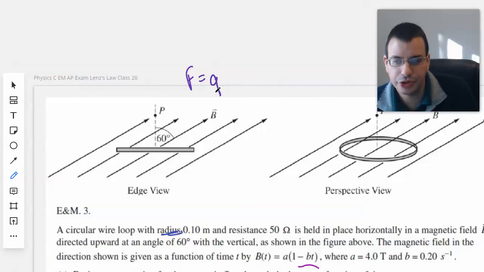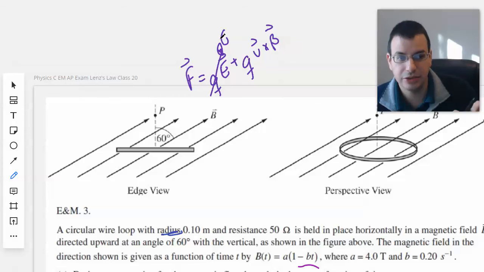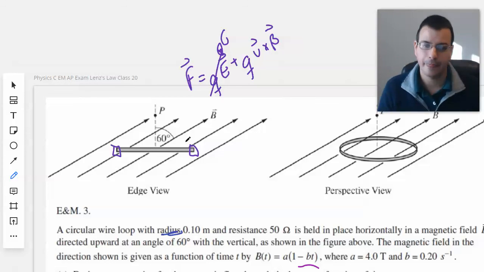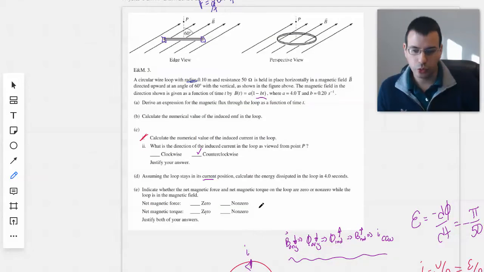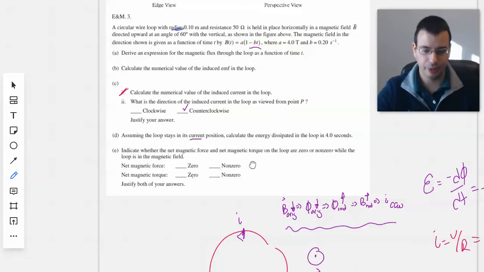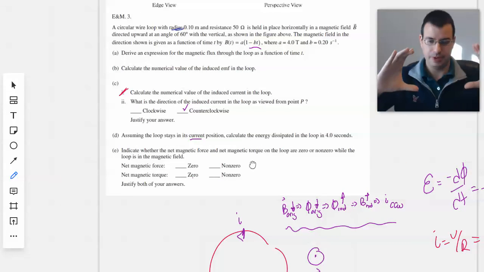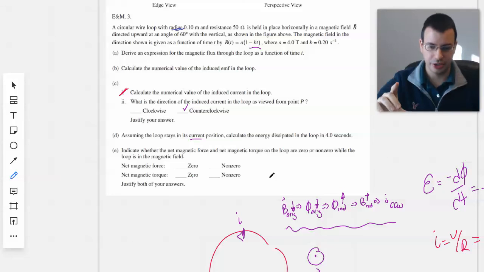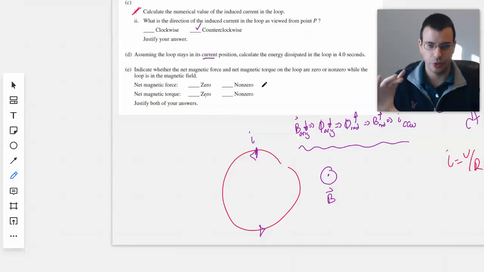Force equals QE plus QV cross B. We're going to assume the electric field is 0, and we're going to look at these portions right here. So we determine that looking from point P up here, the current is going counterclockwise based on this picture, which hopefully we did correctly. Otherwise, we're going to have trouble.